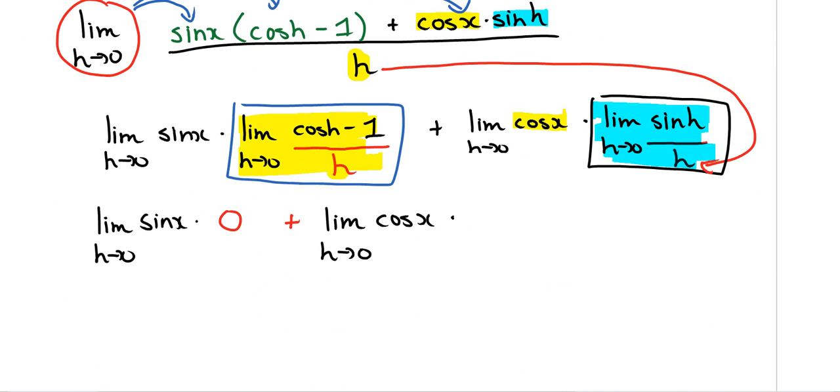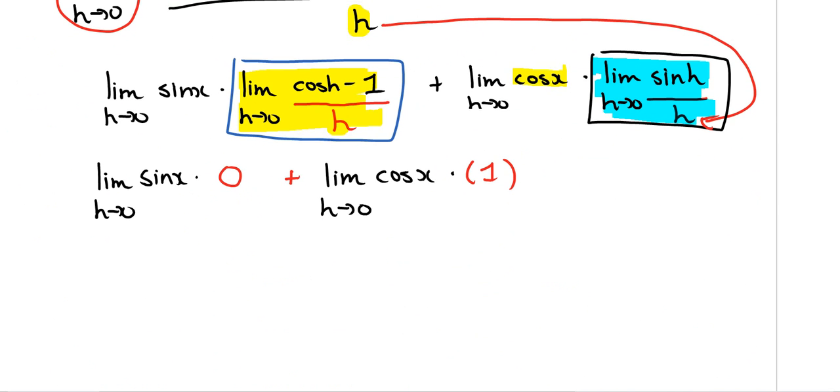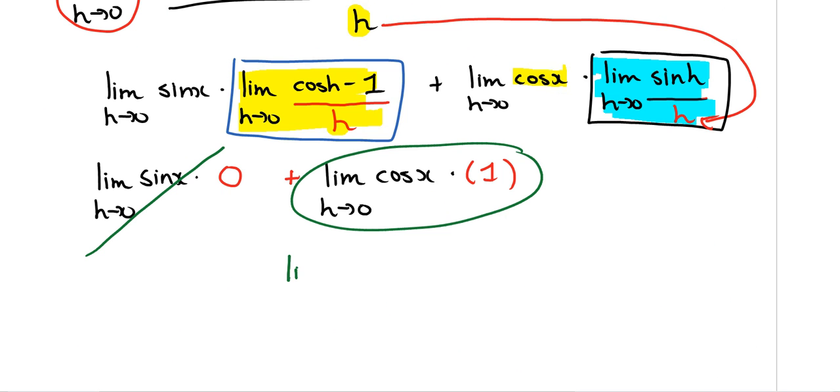So I will just put a times 1 there. And once we evaluate this, this whole thing goes to 0, and this expression right here is simply going to be the limit as h goes to 0 of cos x.